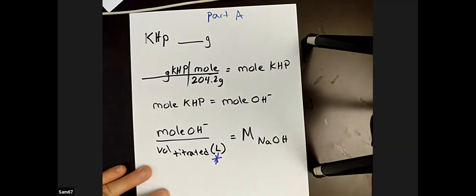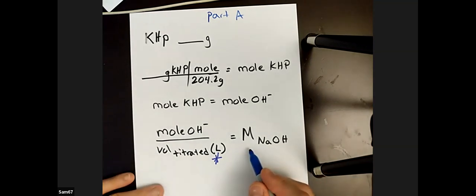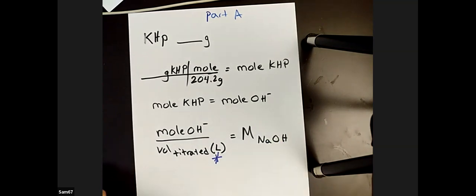So you should have probably 3 trials for part A, which would allow you to get an average value for the sodium hydroxide. And because we're doing this in a simulator, those values should be relatively close to one another. I don't think the simulator changes its values too much.